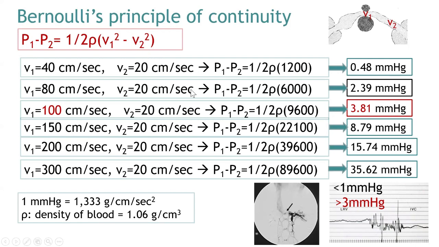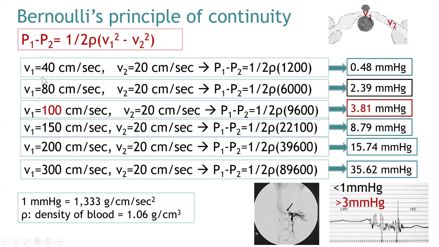I said usually the hilar area is around 10 to 20, and if we fix the hilar left renal vein velocity at 20 centimeters per second, and the normal is usually around 40 to 50, then if we use 40 and 20 in this equation, the theoretical pressure gradient is 0.48 millimeter mercury. We said that between 80 and 100 it's an equivocal nutcracker.